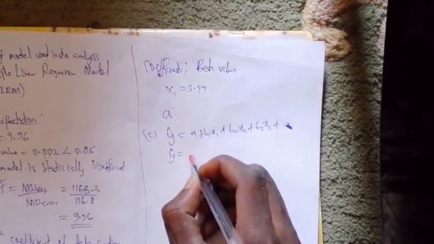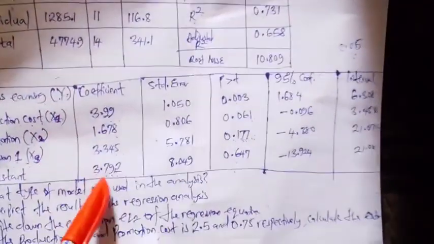Therefore, y cap is equal to a. The constant is 3.792.